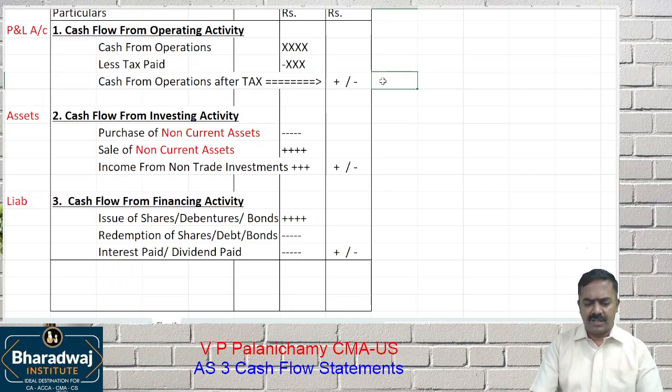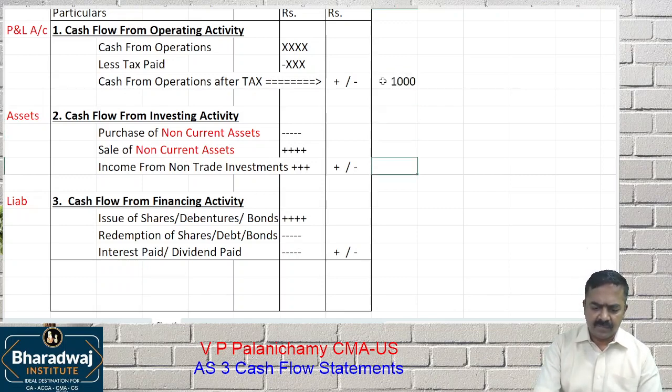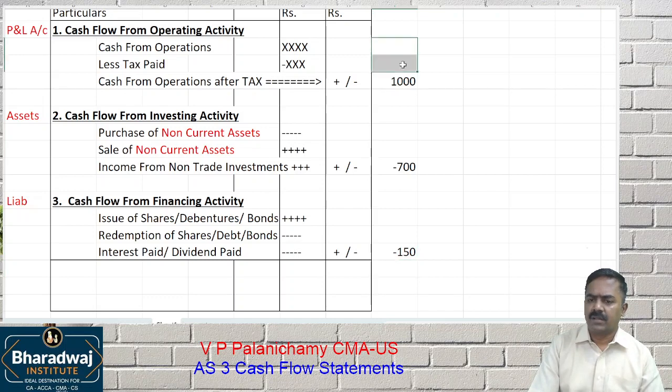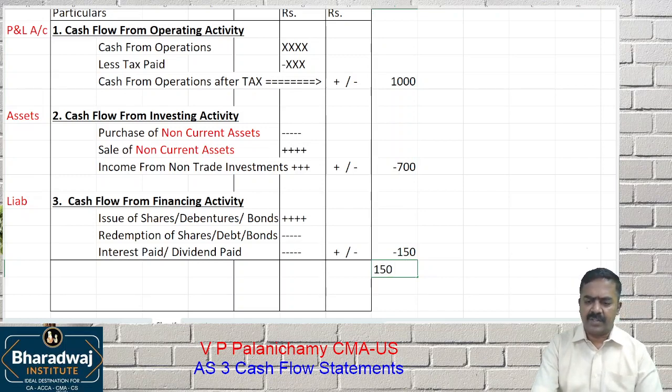Listen, pay attention. Let's assume 1000 crores positive cash flow is there. We used 700 crores for investment and about 150 crores for interest, dividend payment and all. We used means paid. What is the net balance? 1000 minus 700 minus 150. 150 net balance will be there.